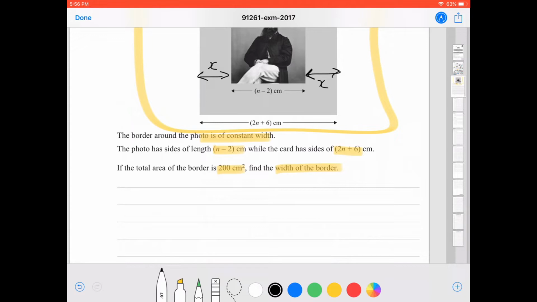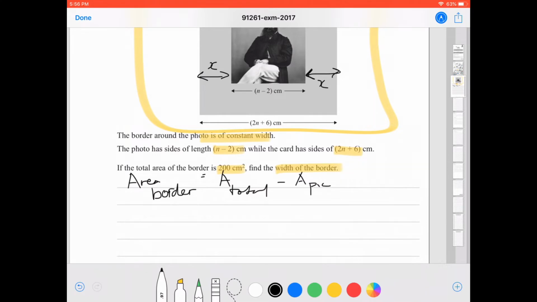And so we could say area of the border equals area total minus area of the picture.